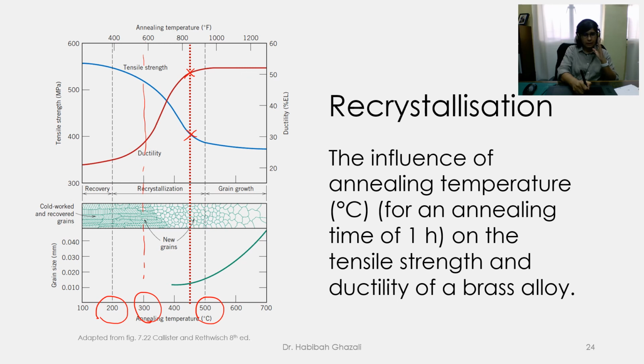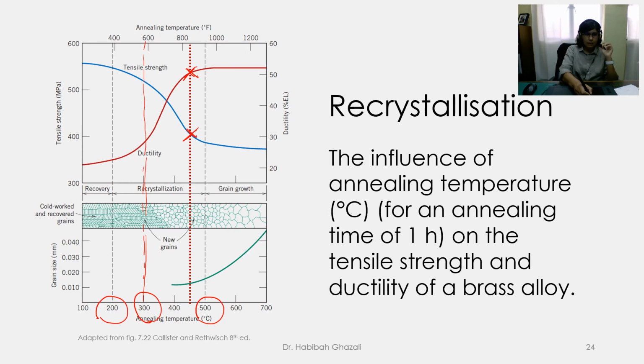So if we look at the 450 degrees Celsius annealing temperature, if we hold them for 1 hour, after we cool them, after it goes back to room temperature, and we test them, we figure out that the tensile strength is at this point and the ductility is at this point. But instead, if we have an annealing temperature of 300 degrees Celsius, once they are at room temperature, we test them with tensile strength.